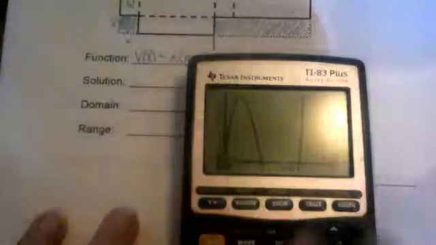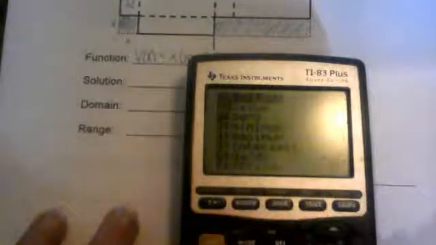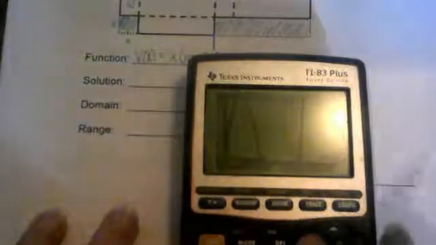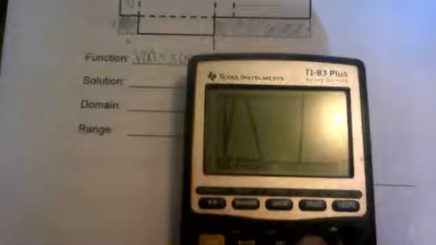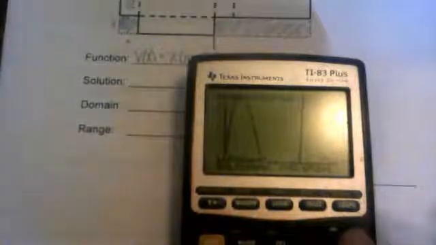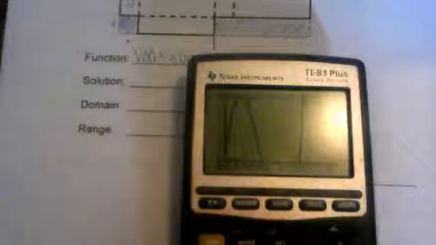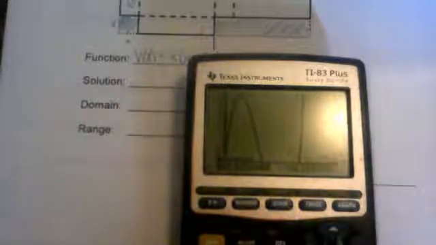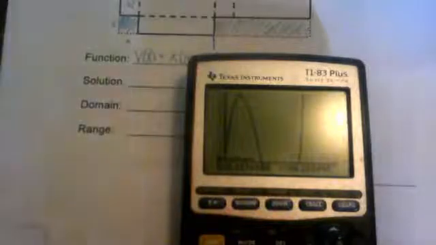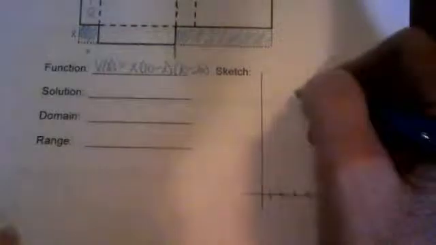And then we want to find that maximum. So I can calculate the maximum. Left and right. So 2.113, 96.125.